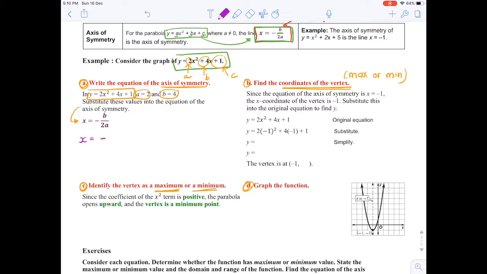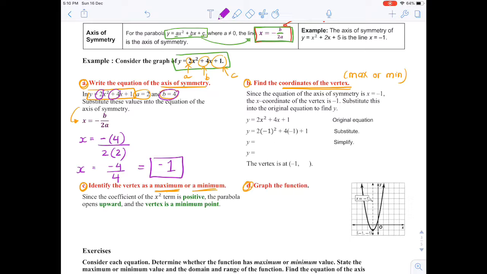I'm going to keep the negative right there, and in place of b, I'm going to put the value for b, which is positive 4, over 2 times the value for a, which is positive 2. So I end up with x equals negative 4 over positive 4, which of course simplifies to negative 1. So the equation for the axis of symmetry is x equals negative 1.